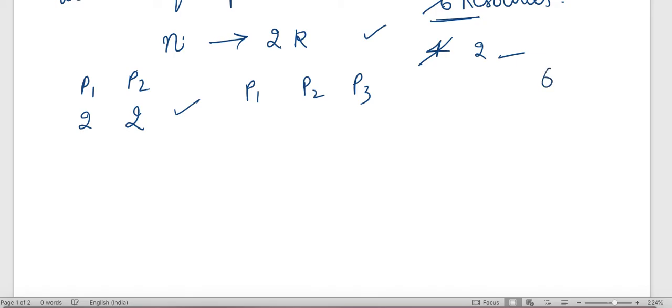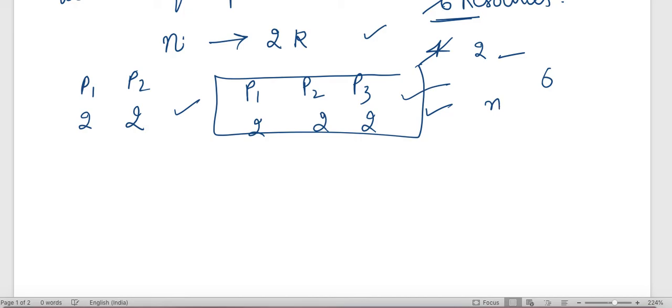Total resources are 6. Each requires 2. I gave to all 3. All 3 went on to complete the execution, so n equal to 3 works here. Is this the maximum value which I can give? Let us try with 4.